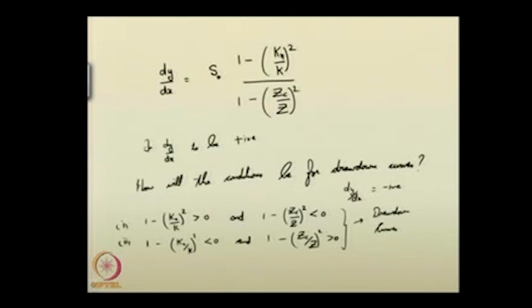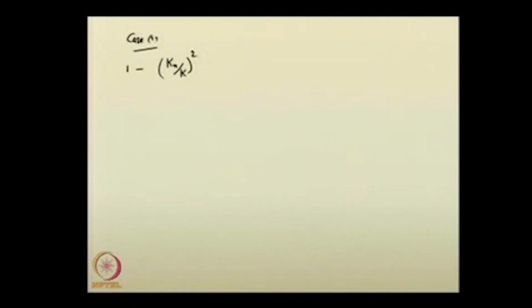Your case 1 is, as I wrote on the last slide, one minus k n by k whole square greater than 0, and one minus z c by z whole square should be less than 0.